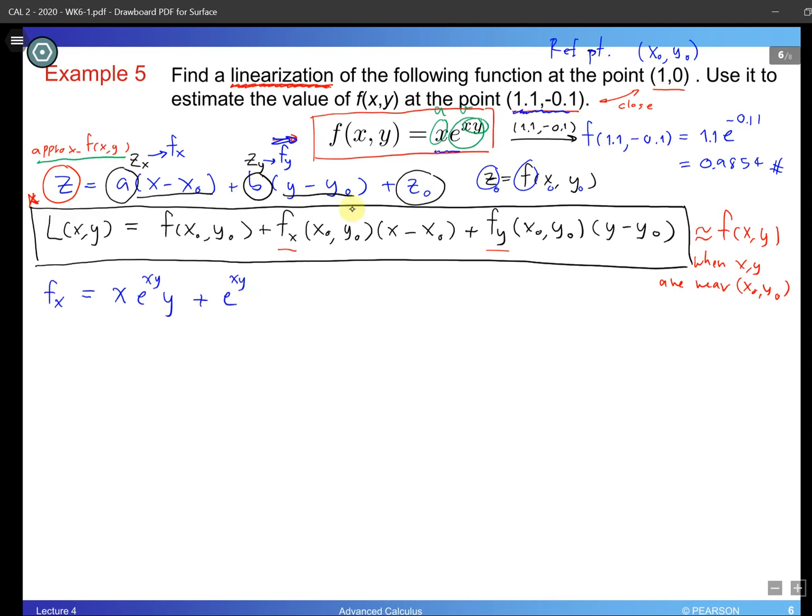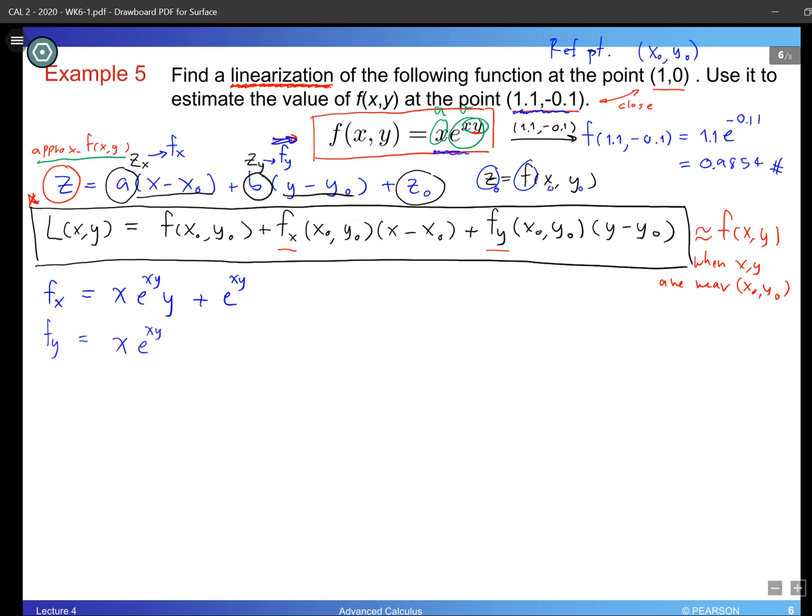Now, what about f with respect to y? I need to diff this same function with respect to y, and as you can see here, there is just one location for y up here. So it's going to be easy this time. I keep the constant at the front right here, and I diff this exponential with respect to y, and it stays the same, and then I perform the chain rule.